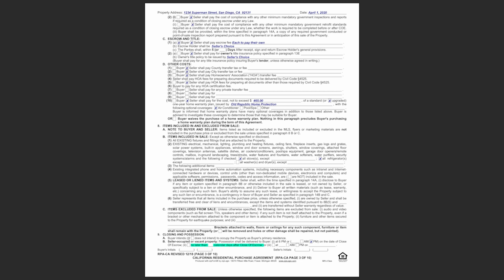Now, it's going to auto default that for a seller occupied or a vacant home, possession is given as soon as this property closes escrow, or you'll see that I've highlighted in green that if you're going to give the seller close of escrow plus 2 days, that would give the seller an additional 2 days after the close of escrow. And again, you can select a day, time, whatever the case may be.